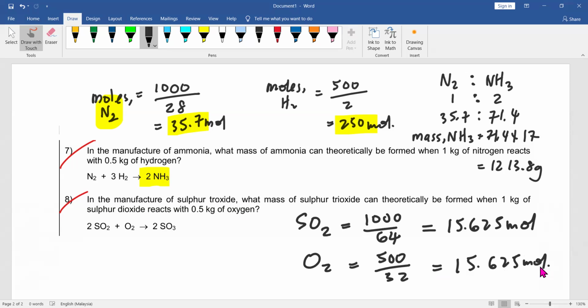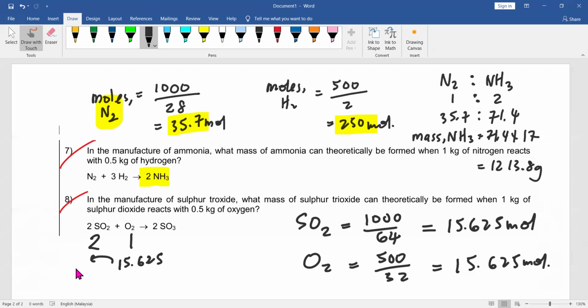It's the same. Wow. Can you use the same? No, because you have to think of ratio. The ratio is 2 to 1. If this one is 15.625, this one I will need double.